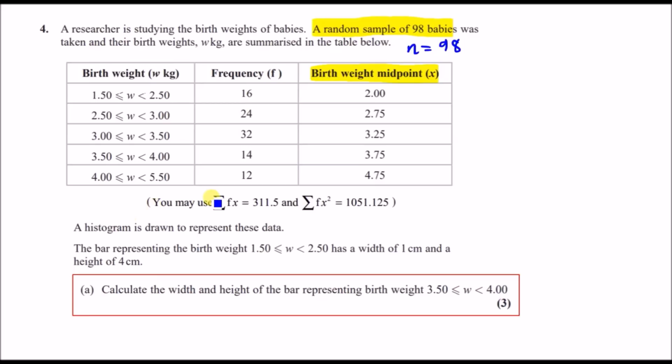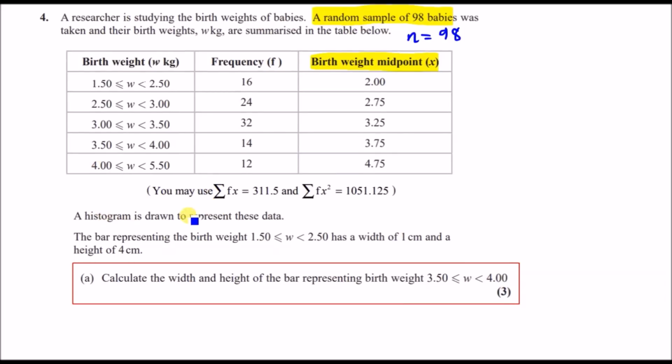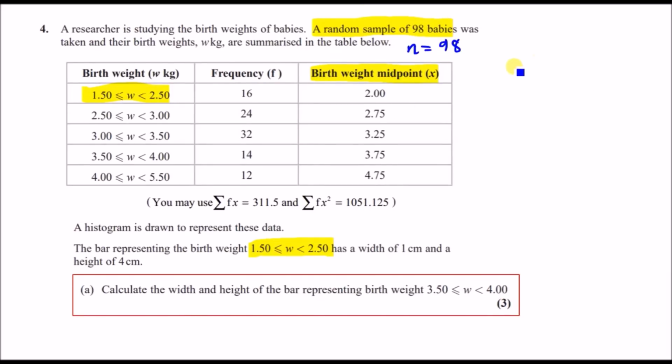On the next part, what does it say? A histogram is drawn to represent these data. The bar representing the birth weight between this group, 1.5 to 2.5, which lies over here, has a width of 1 and a height of 4 centimeters. What this means is that if we draw a histogram, for example, let's just draw one here, this group between 1.5 and 2.5 looks something like that.